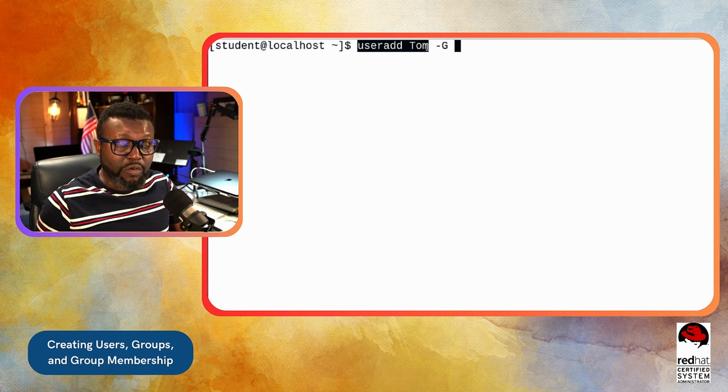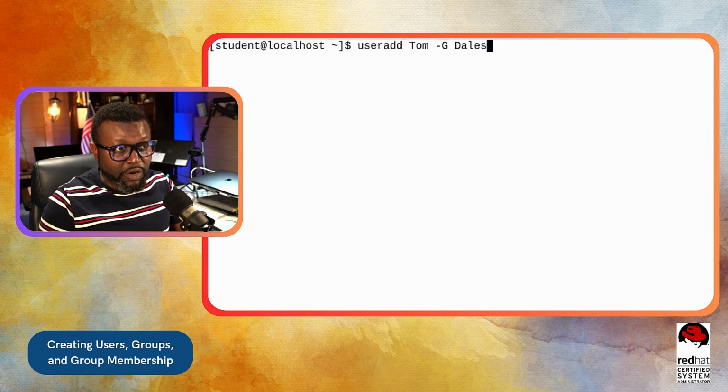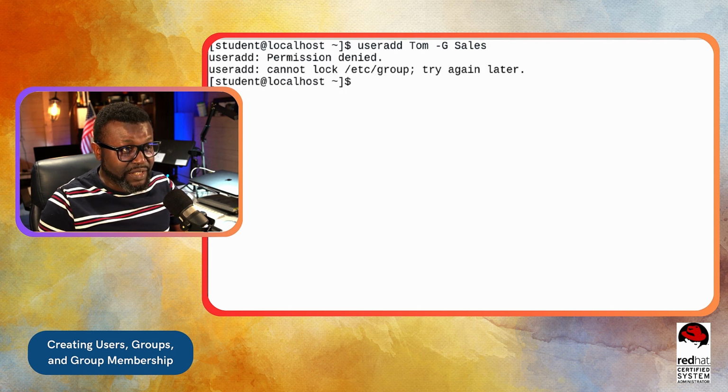Tom will belong first to Tom, and then will belong to sales, because we are going to assign Tom sales as a second group. So we're going to do that, then press enter. Permission denied, always do sudo.